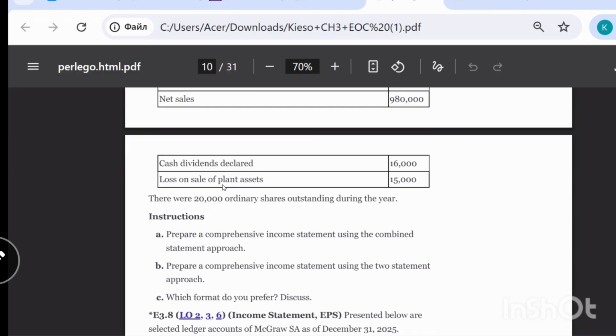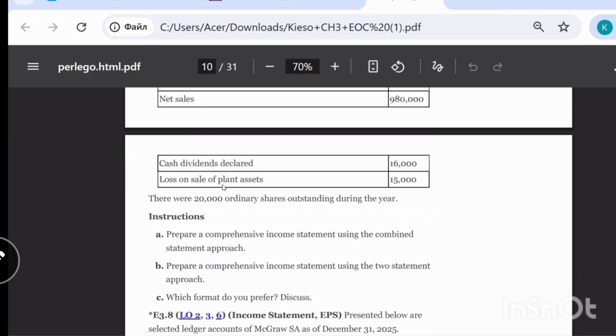It means that we will have two statements, which are useful for analysis of the income statement by third parties or people who will analyze it.